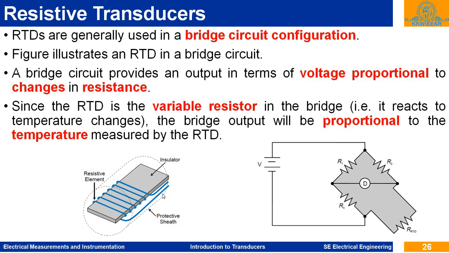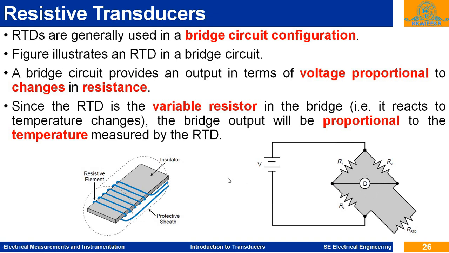This element is connected in the bridge. R1, R2, R3 are the fixed resistances, and this RTD acts as a variable resistance. On two opposite terminals, the DC supply voltage is connected. Based on your device, an AC or DC supply is connected, and at the other opposite terminals, the deflection is measured.